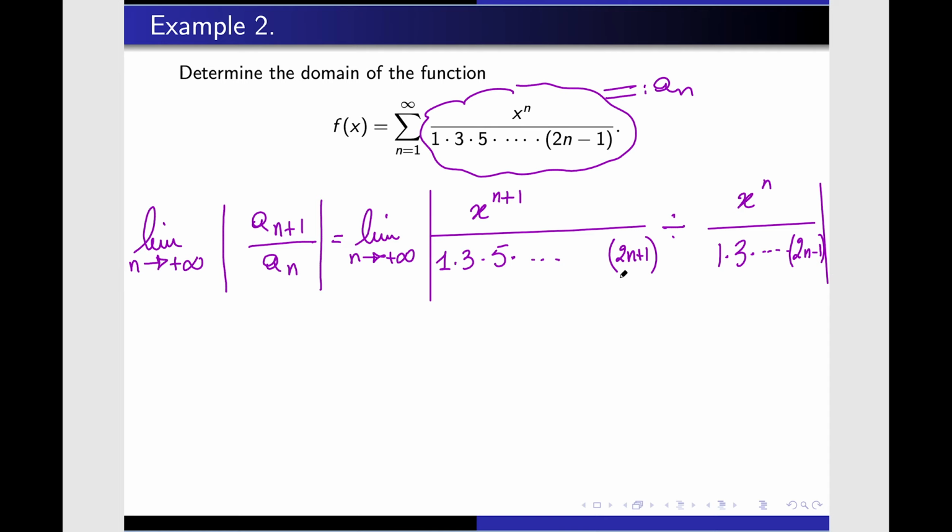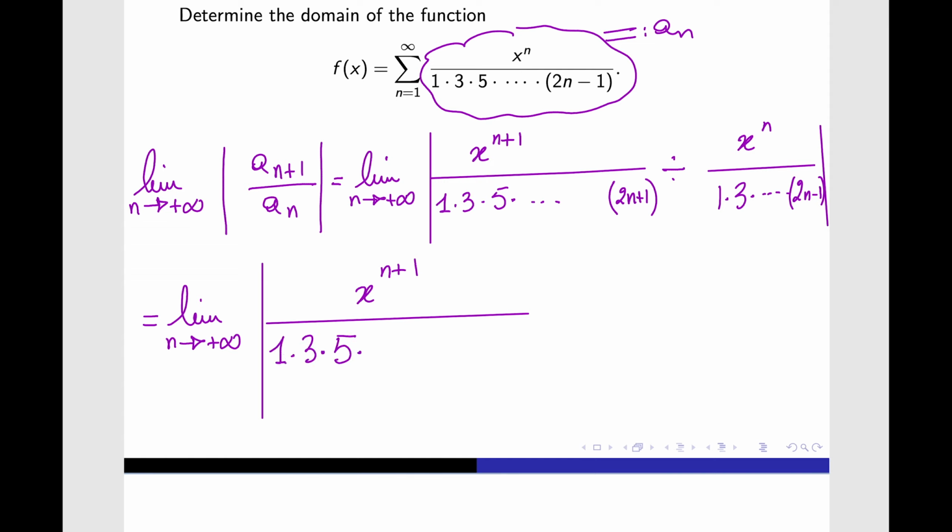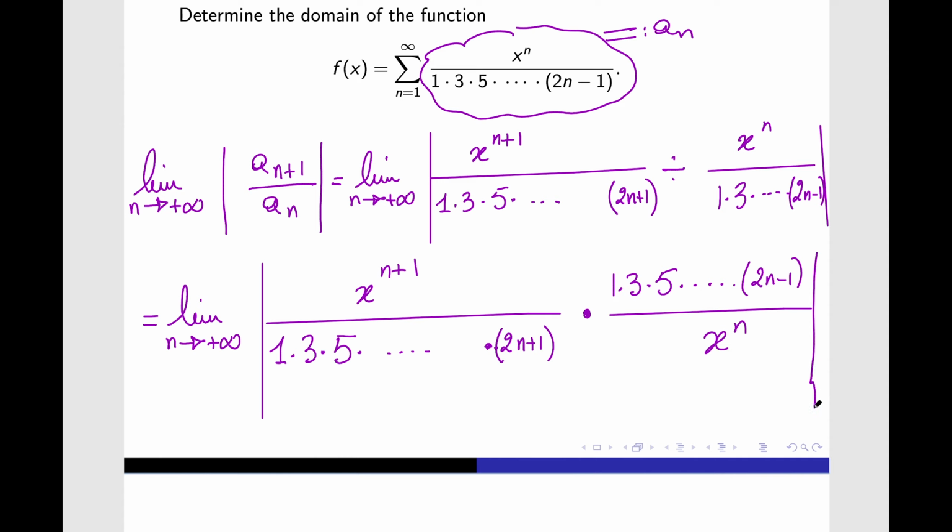But dividing by something is the same as multiplying by the reciprocal, so we get the limit as n goes to infinity of the absolute value of x to the n plus 1 divided by 1 times 3 times 5 times dot dot dot all the way to 2n plus 1, times the reciprocal of that. And the reciprocal of this is 1 times 3 times 5 times 7 all the way to 2n minus 1, and downstairs is x to the n. Do you agree with this?